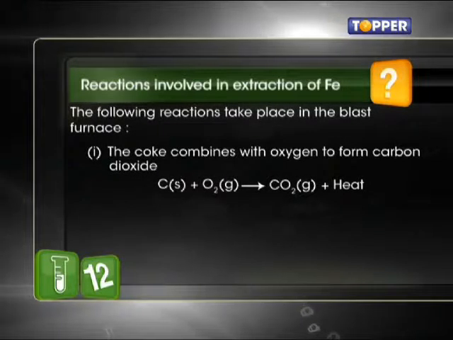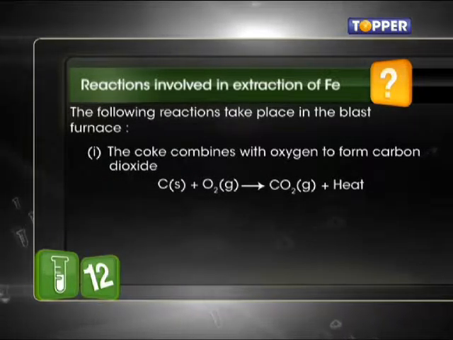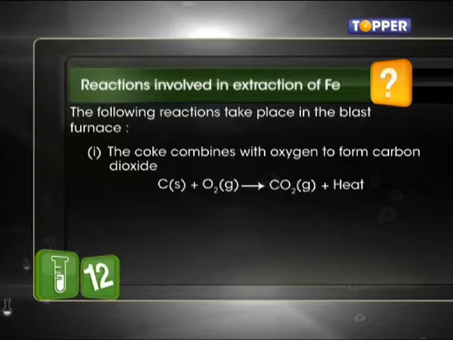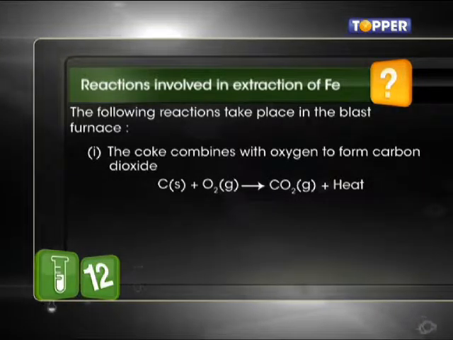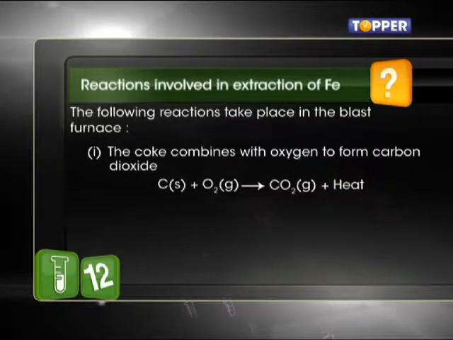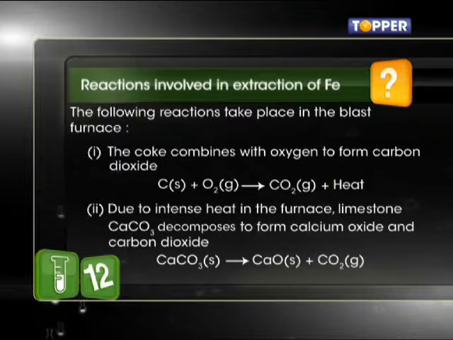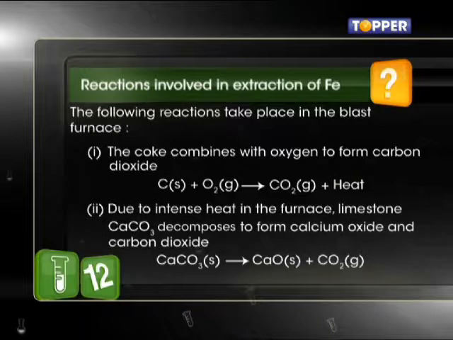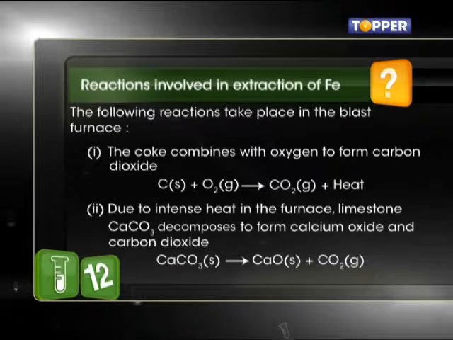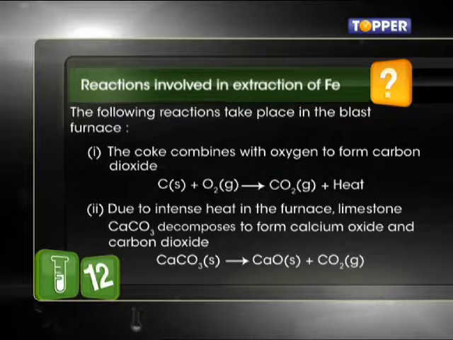The following reactions take place in the blast furnace. Number 1. The coke combines with oxygen to form carbon dioxide. Number 2. Due to intense heat in the furnace, limestone CaCO3 decomposes to form calcium oxide and carbon dioxide.